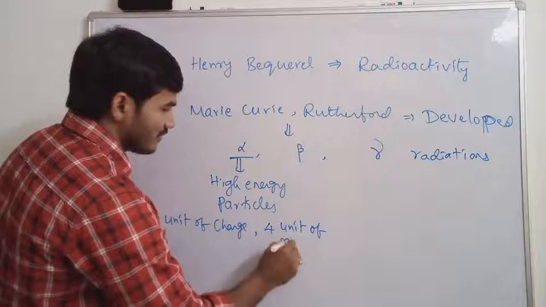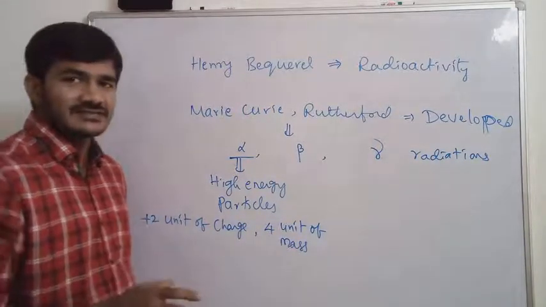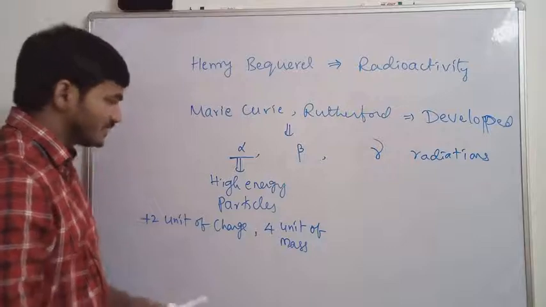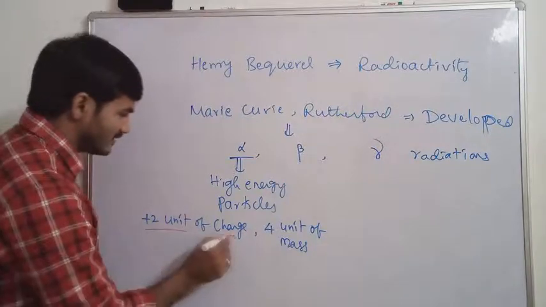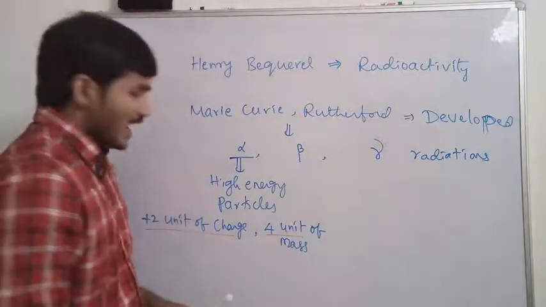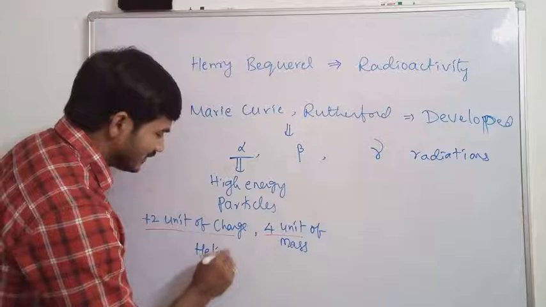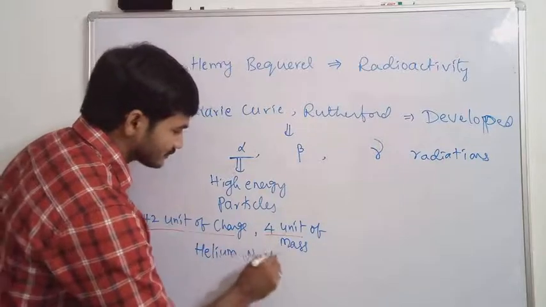The charge of the alpha particle is +2 and mass is 4. This is equal to a helium nucleus.